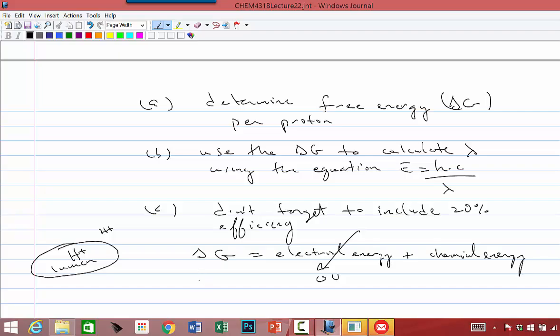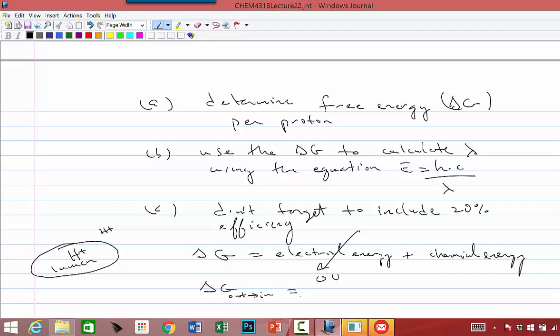So now we go ahead and write down our formal equation, delta G. And because this is going to be against the gradient, I'm going to go from out to in. Okay, so in other words, I'm trying to pump a proton from the stroma into the lumen.